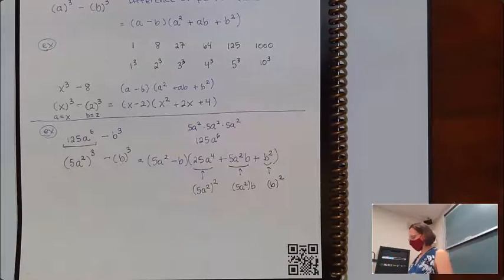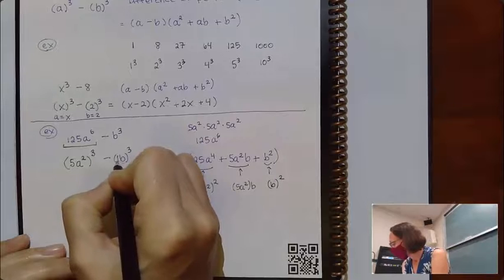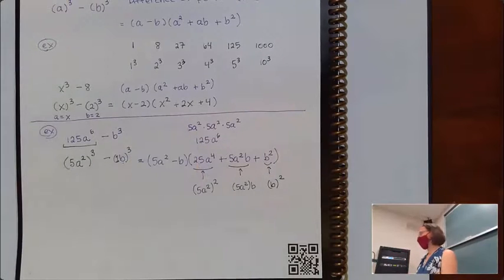Question. Oh, so technically the coefficient in here is a 1b. Yeah, a positive 1b, plus 5a squared b.